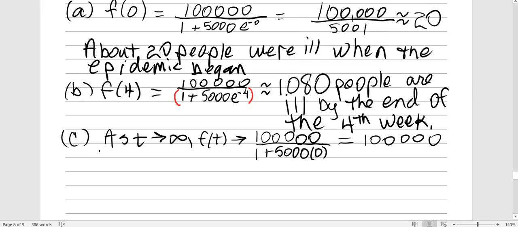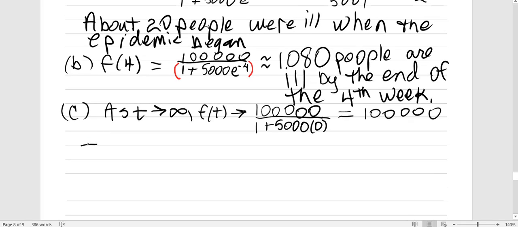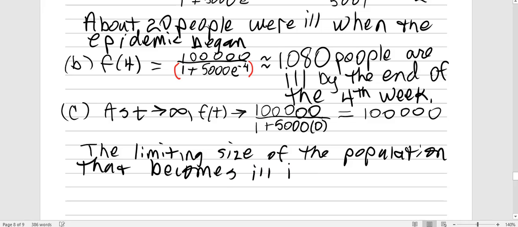So the limiting size of the population that becomes ill is 100,000 people.